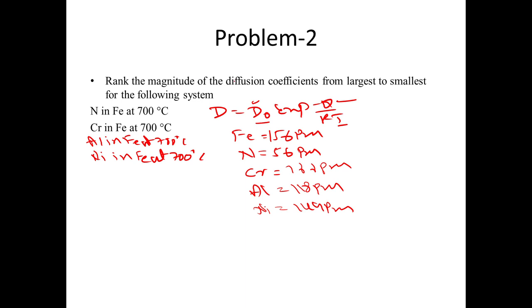So we will change this question to which one will diffuse faster, on the basis of atomic radius. In the iron, nitrogen diffuses fastest since its atomic radius is smaller among all of them.